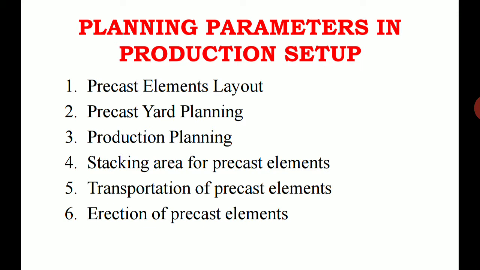We can achieve that by maintaining the required quantity as well as quality of the materials, and the different machines required for the production setup, and then to transport the materials from the manufacturing site to the construction site. So we need to consider certain transportation systems such that we can transport them from the manufacturing site to the required location, and later erect them from the transportation vehicle to the required location, right? So we need to plan all these elements, right?